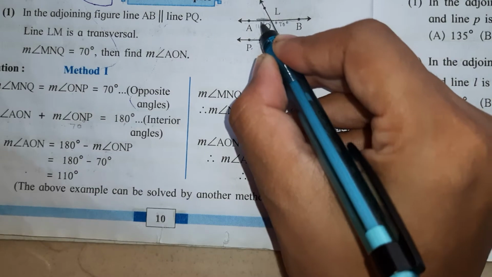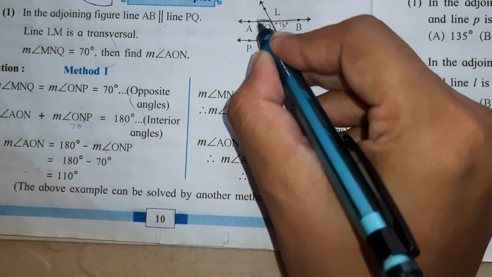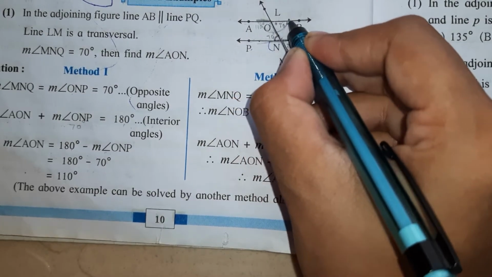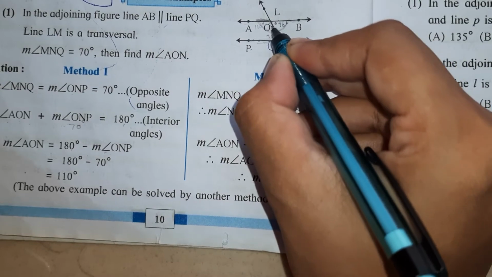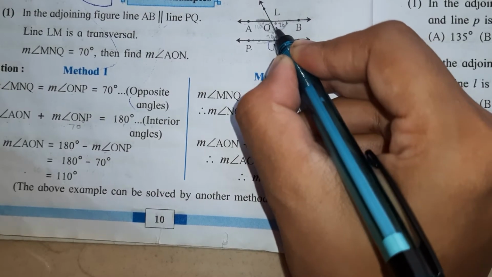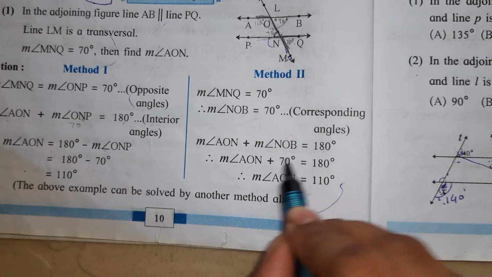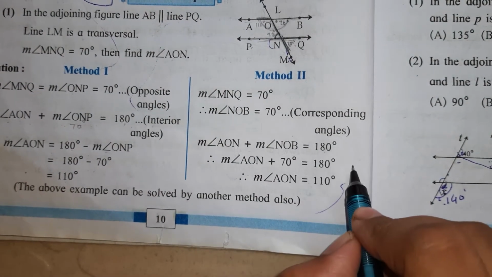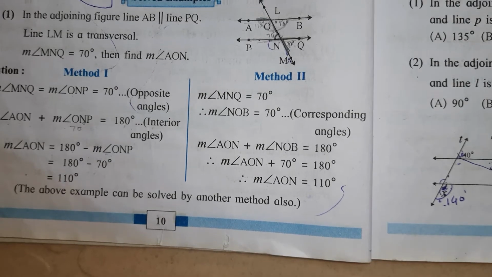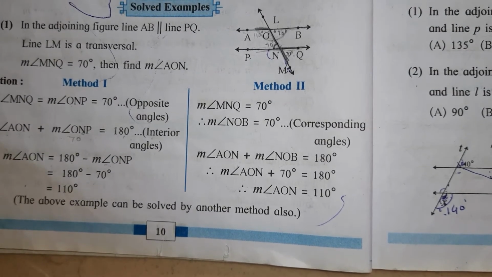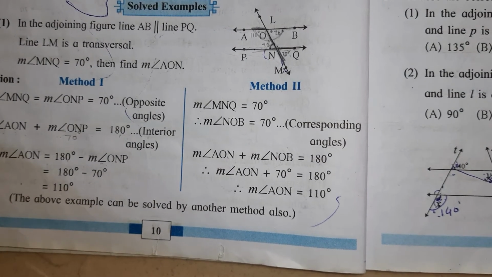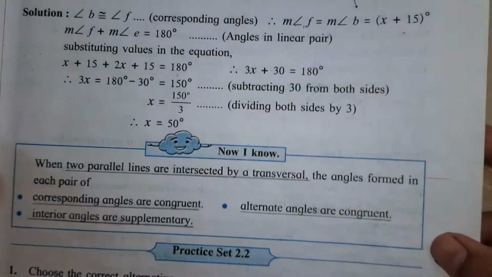Now this and this are linear angles on the same line. Linear angle means they will be supplementary, means their addition will be 180 degree. Again NOB, shift this side. So 180 minus 70, you will get 110 degree only. Understood?